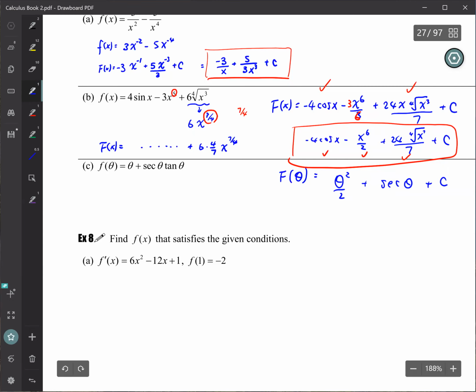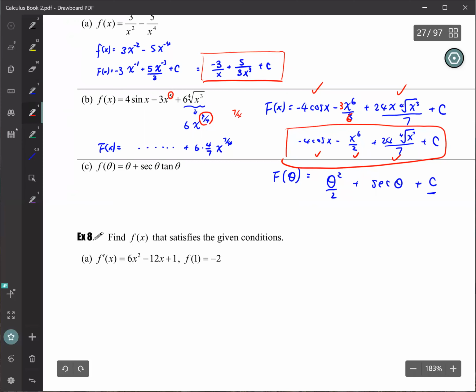Okay, very good. So remember to add a C if they ask for the general antiderivative. If they just say give me any antiderivative, then you can add anything, right? You could add 0. So that's correct. Does anyone have questions here? Okay, so that's our general antiderivative.